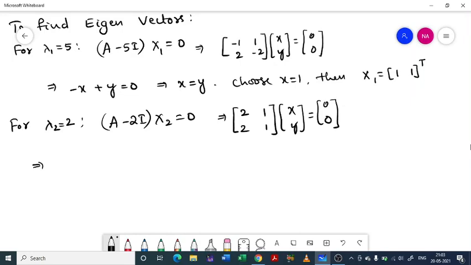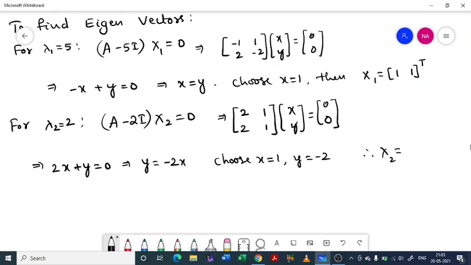So it will be 2x plus y equal to 0, which implies y equal to minus 2x. Choose x equal to 1, then y will be minus 2. Therefore X2 will be (1, minus 2) transpose.